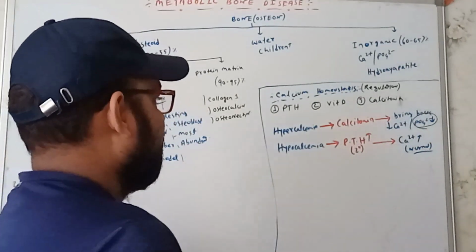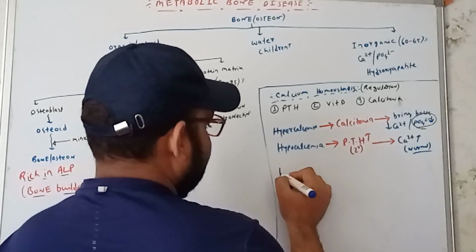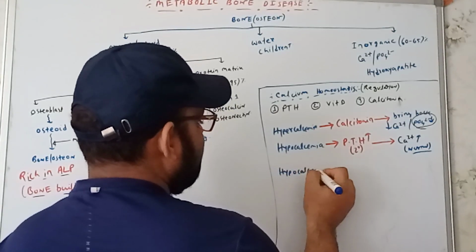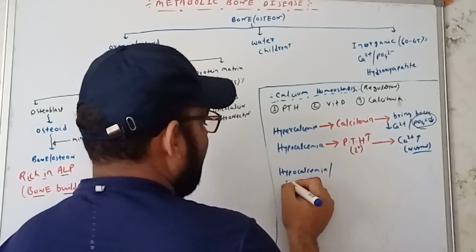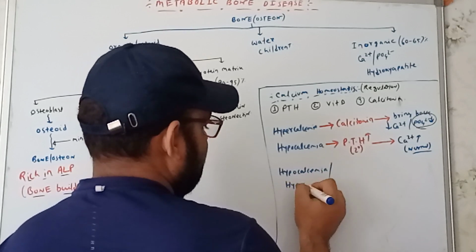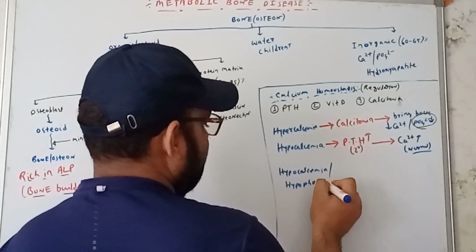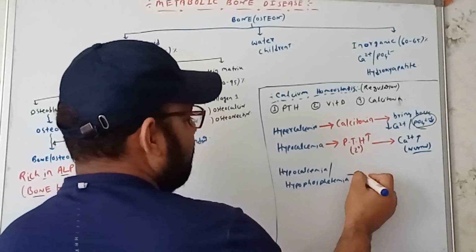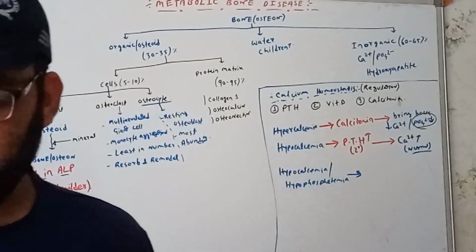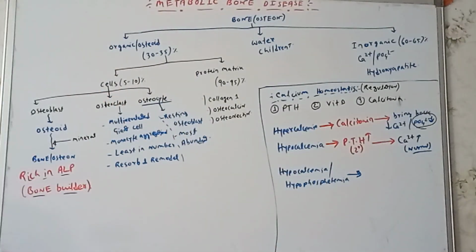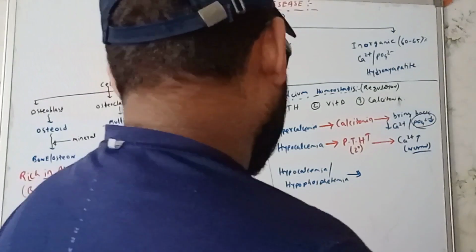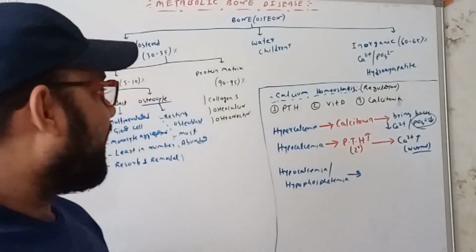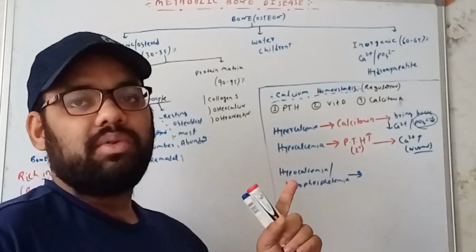The third one is, if we get to see, for example, hypocalcemia plus hypophosphatemia. So in these cases, if we get to see the combination, or if we get to see individually, for example, hypocalcemia or hypophosphatemia, or the combination of these two, at that time the actions of the vitamin D will come.